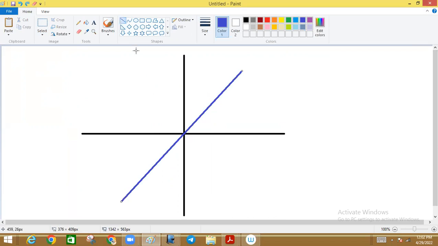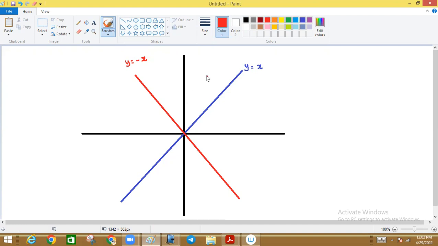This line is the y = x line. That line is what? The y = x line. Now this line is y = -x line. Right?